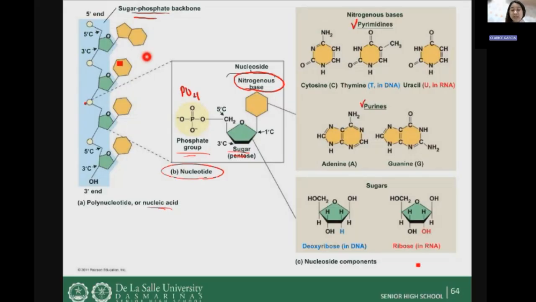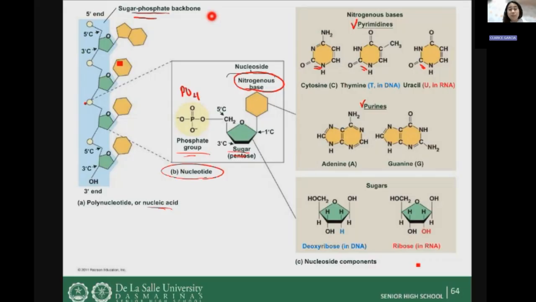So for you to easily remember, pyrimidines has a Y. Those are cytosine, thymine, and the additional uracil for RNA. And if you look at the structure, it has one ring only.